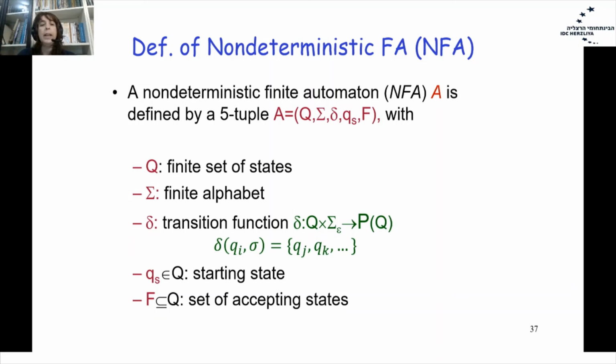So basically, delta of Qi and sigma equals some set Qj, Qk, whatever. QS will be some initial starting state. F will be a subset of Q, and F is actually the set of accepting states.